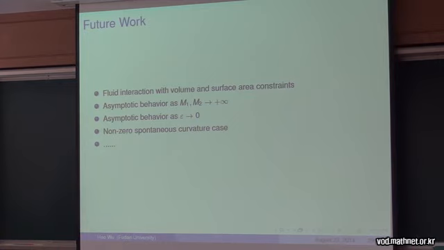Okay, some future work. We studied a simplified system, so it's interesting to study the original system with two constraints, with interaction with the fluid. And we want to study the connection between the system with penalty and the original one, by taking the penalty constant to plus infinity to see whether the solution to the penalty equation will go to the original one.